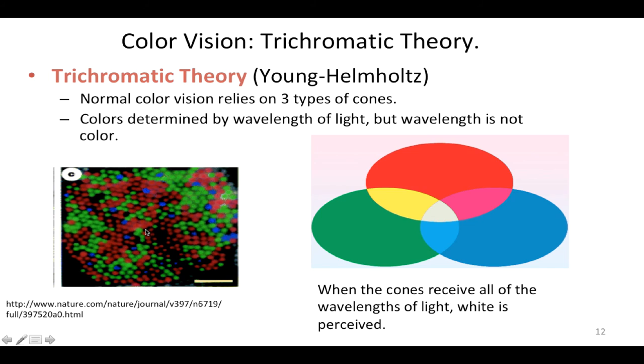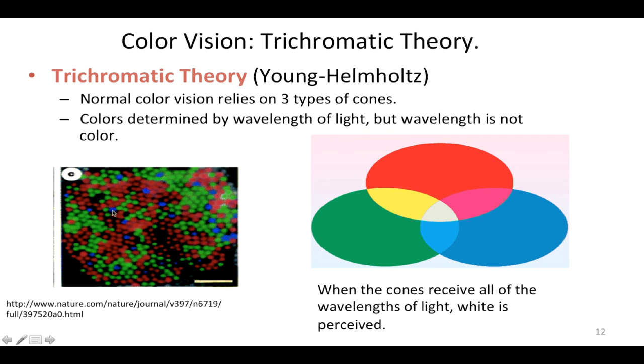Now, this picture I think is really interesting. It has these little dots. These little dots are each a different type of cone in our retina. And the ones shown in red are the red cones that detect long wavelength light. The ones shown in green are the ones that help us see the color green, perceive the color green, and they detect medium wavelength light.